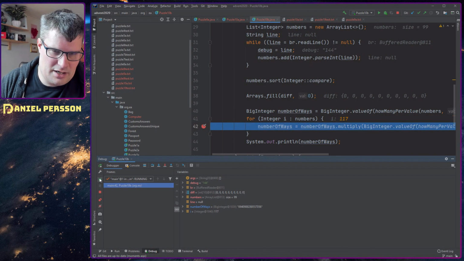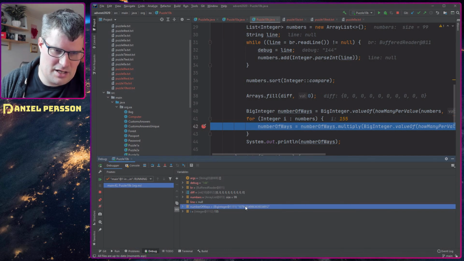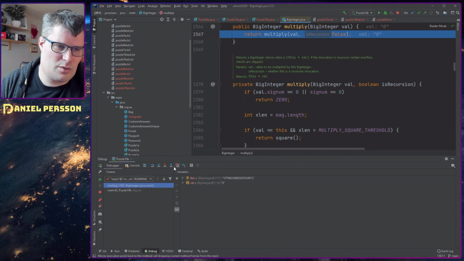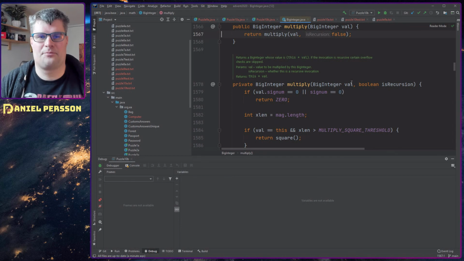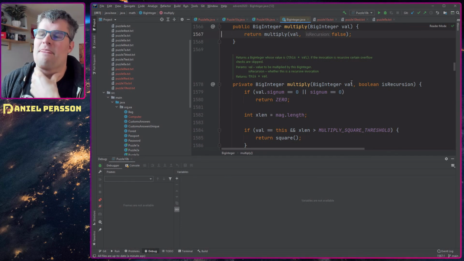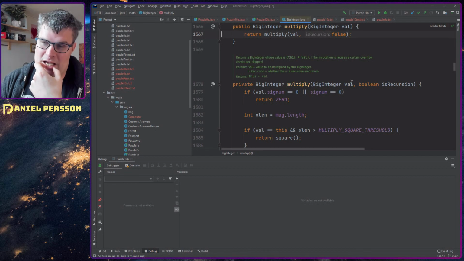So why does it end up getting very small at the end here? 52, 53, 54, 55. So that's the last value, right? So why do we get 0? Okay, so the last value gives us 0, which is not okay.